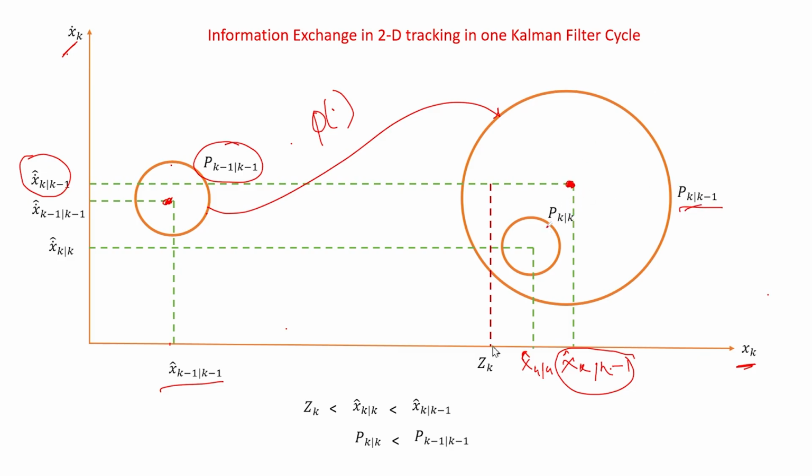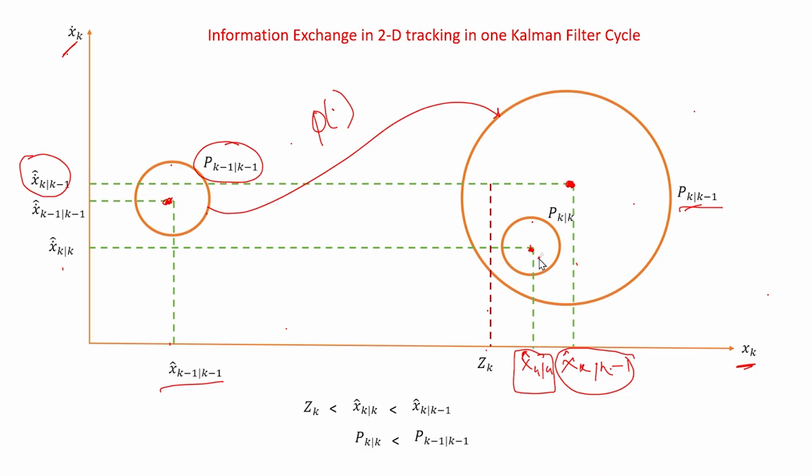Now, you incorporate z, say z is somewhere here. When z is incorporated and you do your estimation, another small circle comes. Your actual estimated state and estimated velocity lie at the central point of this smaller circle.